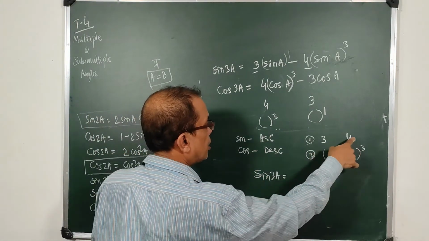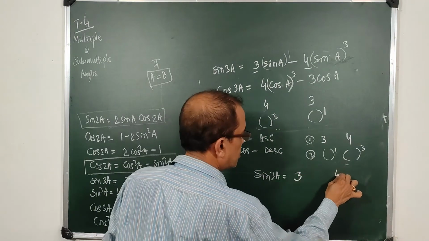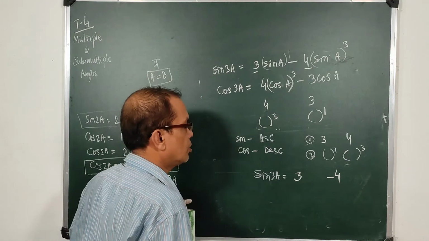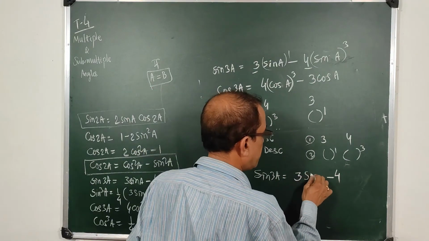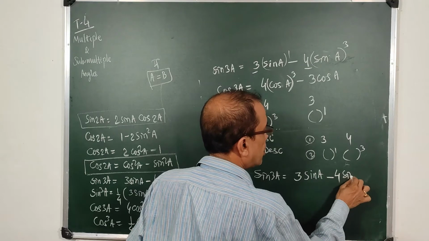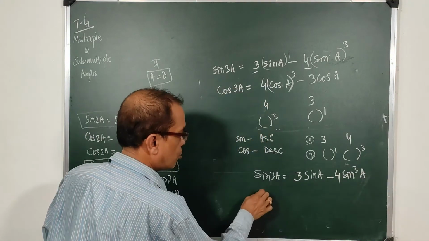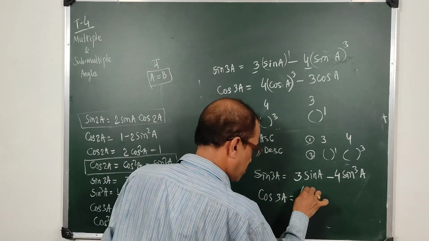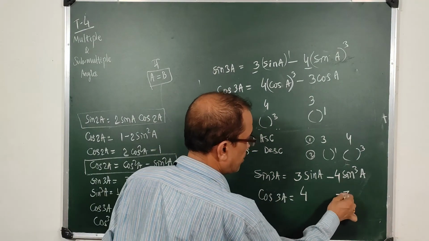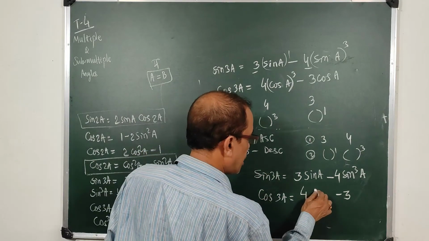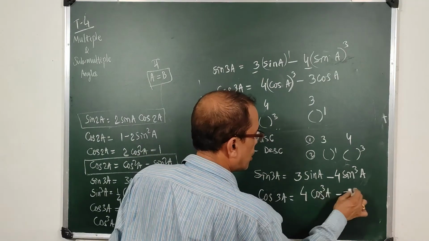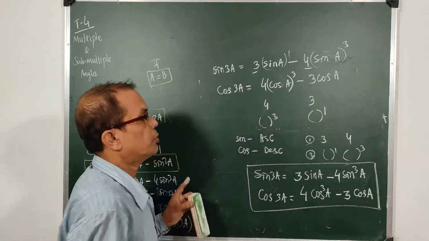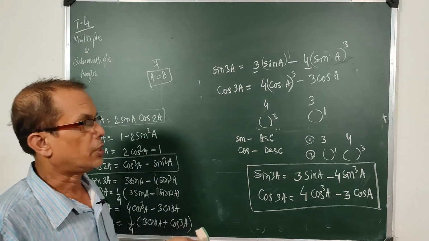Write 3 and 4, first the smaller one, next the larger one, and for sine, the sign is minus, so 3, keep the lower power here and the higher power here. For cos 3a it is in descending order, so keep 4 first, 3 next, give the minus sign, keep the higher power here and the lower power. You got the technique. So this is about sine 3a and cos 3a.